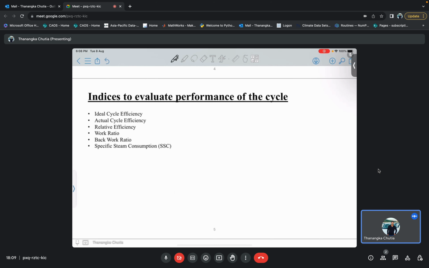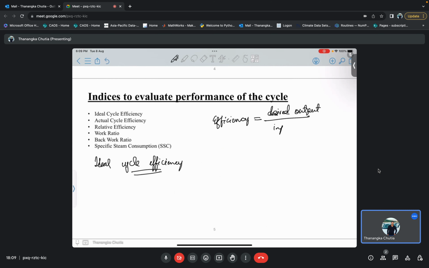One of these indices is ideal cycle efficiency. We all know what efficiency is: efficiency is basically desired output by input.